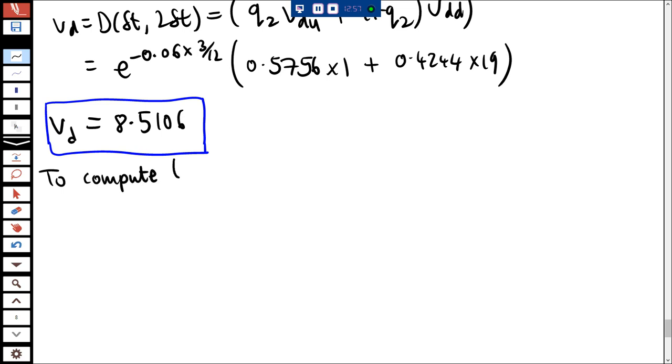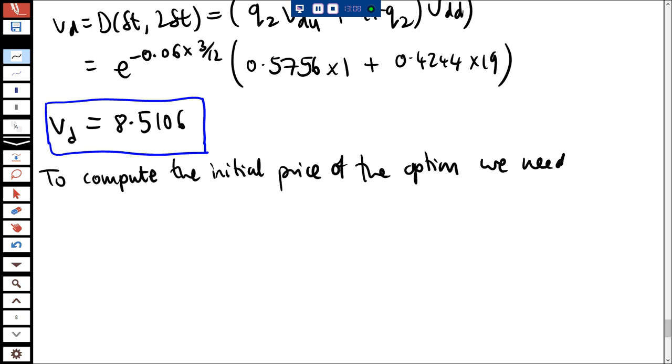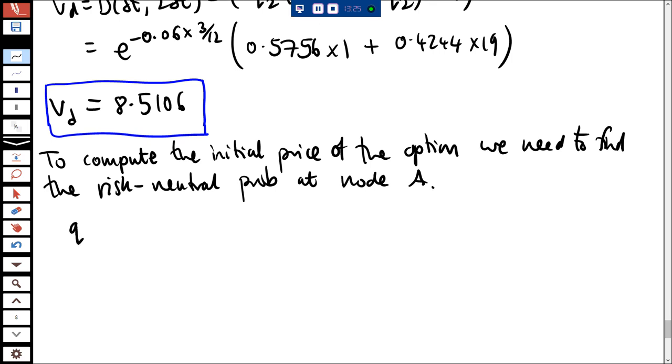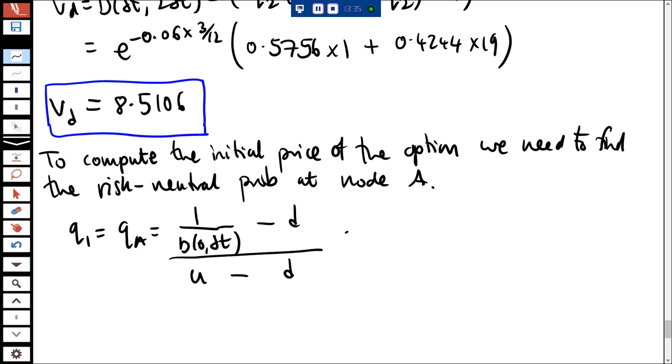To compute the initial price of the option, we need to find the risk neutral probability at node A. So let's do that. Q1 is the risk neutral at A. Straight off the formula sheet, that's the equation.